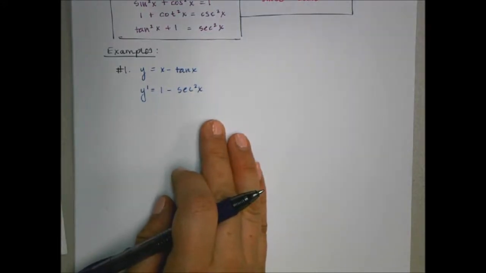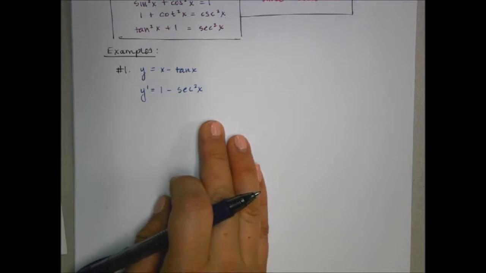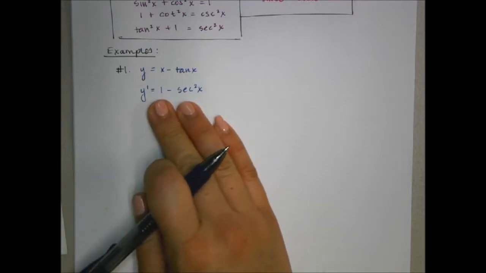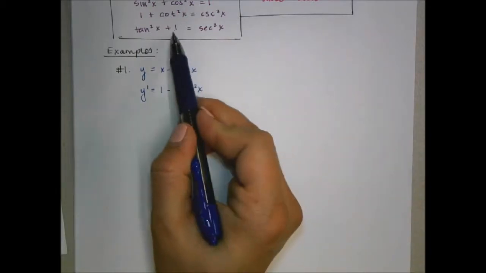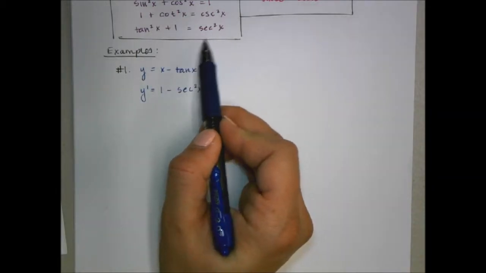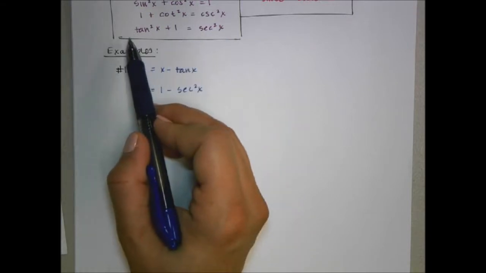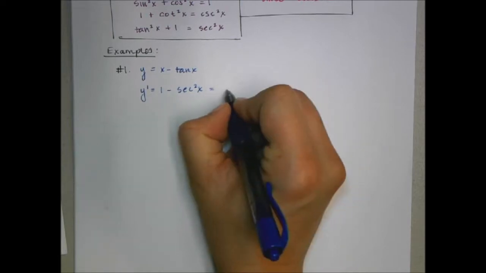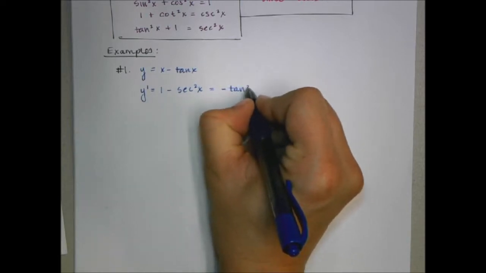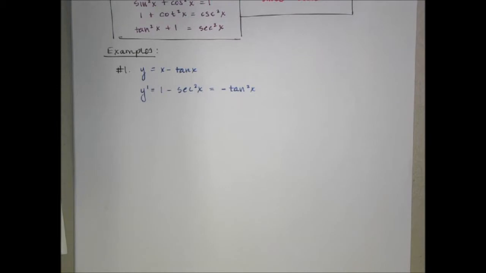But if you can simplify it, you should. So if I look back at my Pythagorean identities, 1 minus secant squared. So if I start with positive 1 and subtract secant squared over to the left, I would need to then subtract tangent squared over to the right. So this simplifies to negative tangent squared. So if you can simplify, you need to simplify.